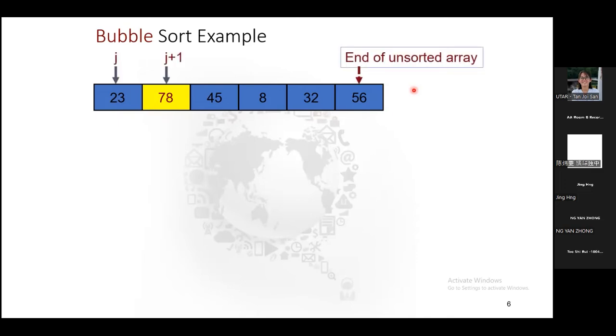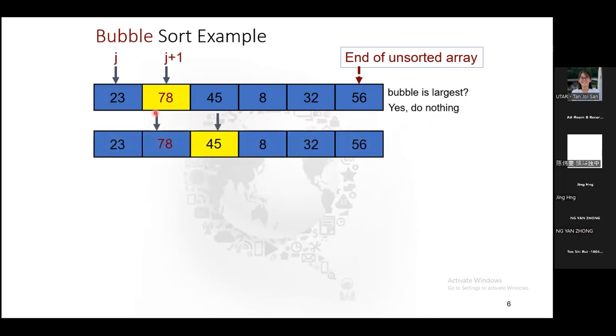The first thing is we check between these two, 23 and 78, and compare. Is this the bubble, is it the largest? If yes, then we do nothing. Then we move into the next iteration.